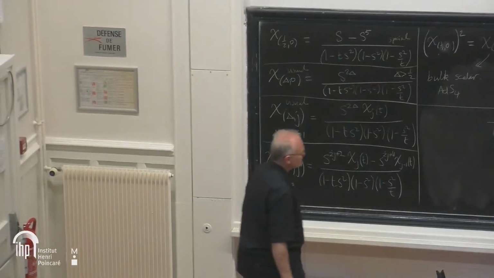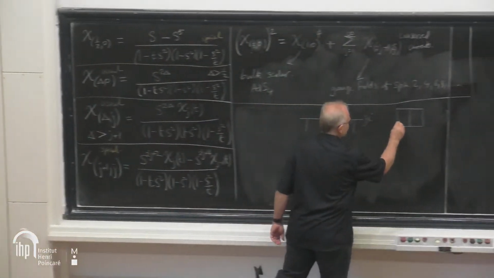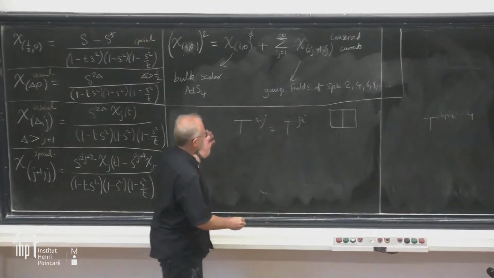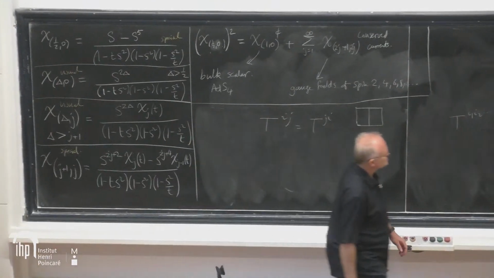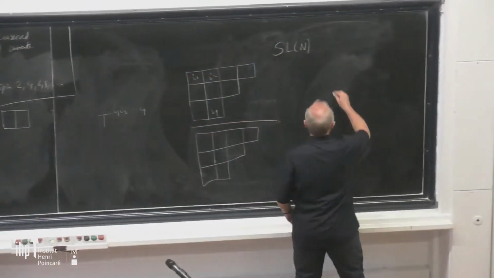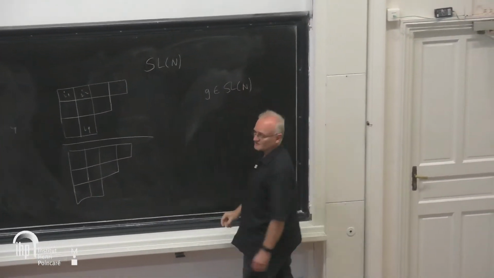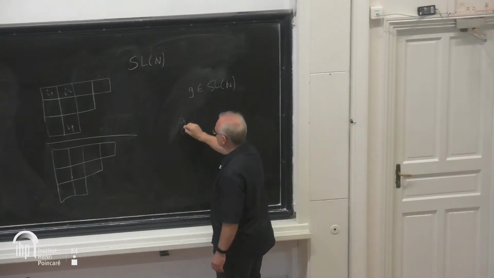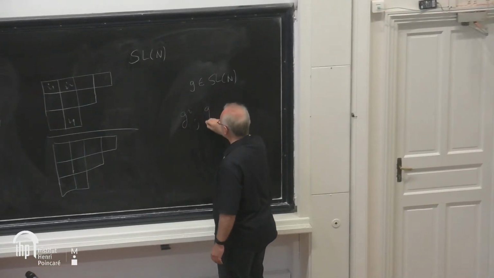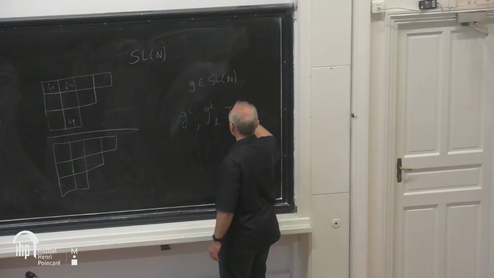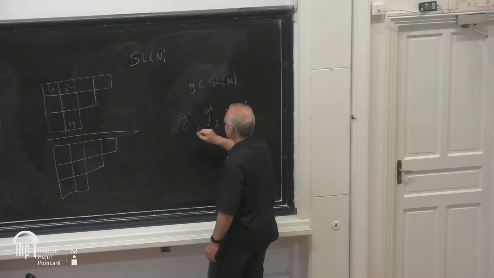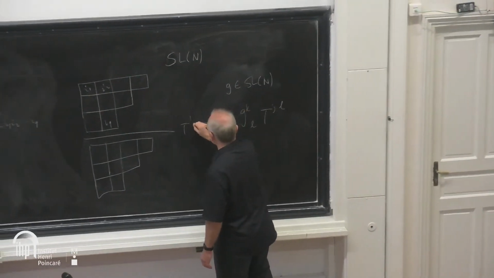And if I look at these symmetric matrices and I perform a transformation, I should tell you what my transformation is. I have some matrix G, which is an element of SLN. And then what I will do is, I will take G_IJ, G_KL, act on T_JL, and this will be T primed_IK.